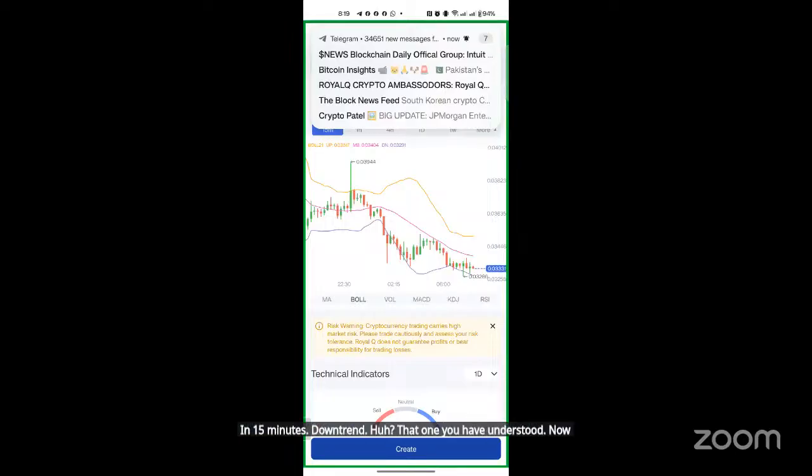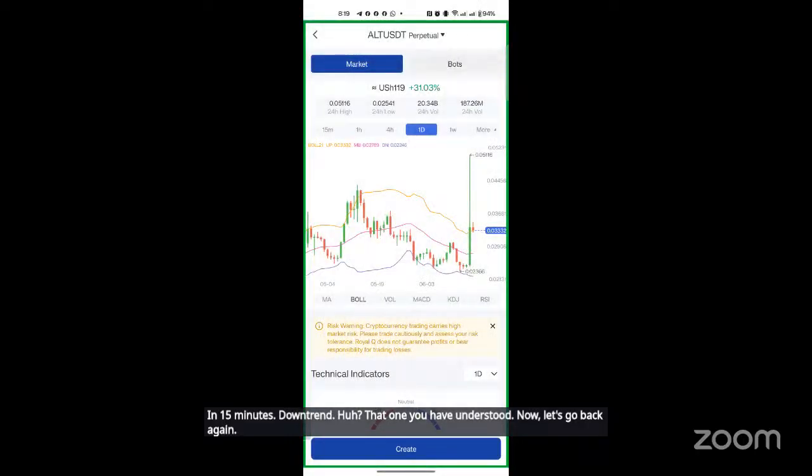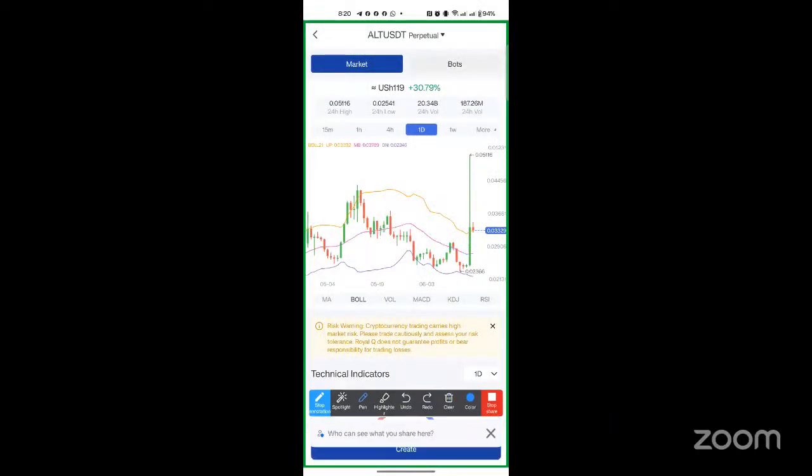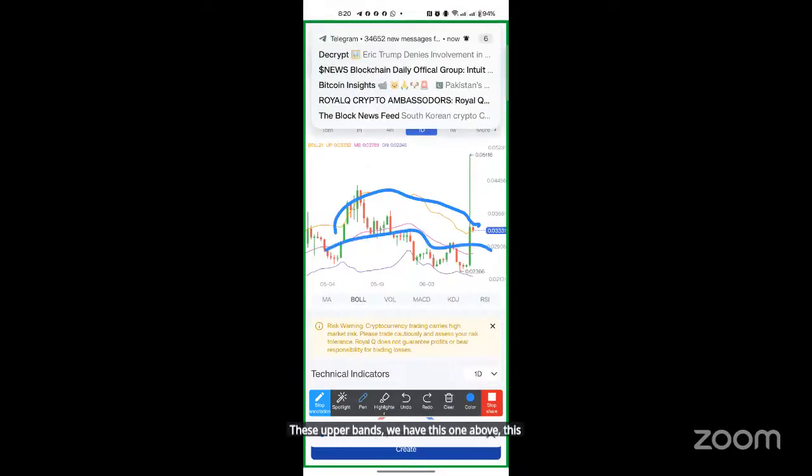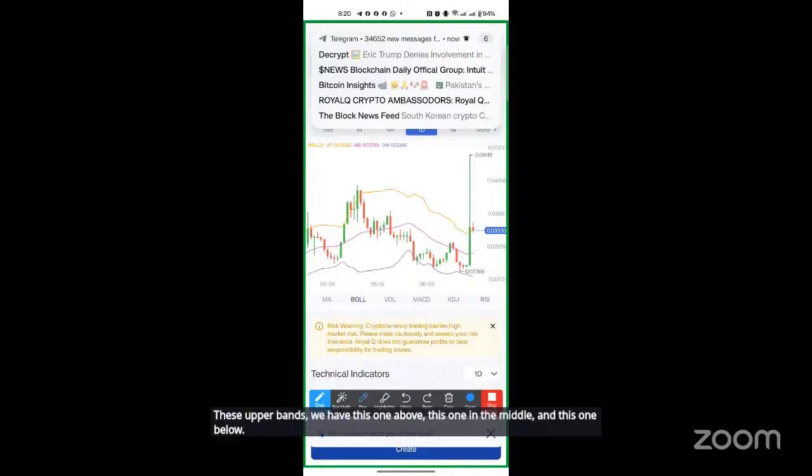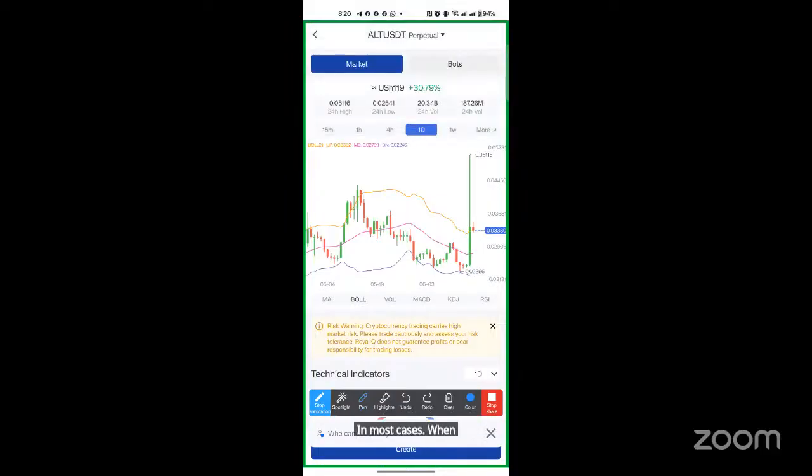Now let's go back again. These bands, we have this one above, this one in the middle, and this one below. In most cases, when a coin touches the lower band, the coin has been oversold.